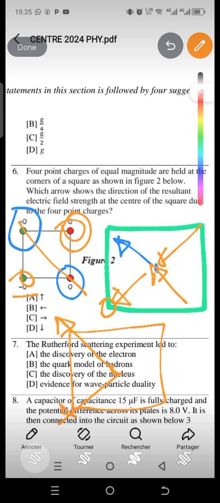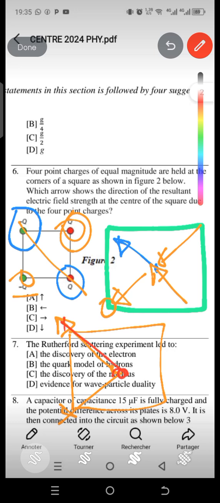But now we need the direction of the resultant electric field strength. The resultant electric field strength normally has to definitely be in this direction. Why? Because this is the center of the square.